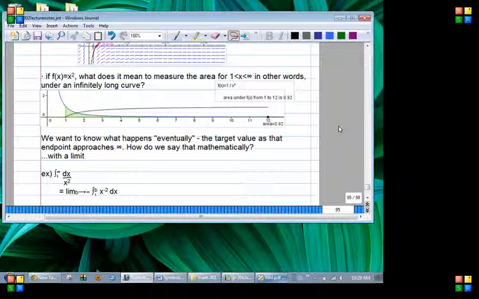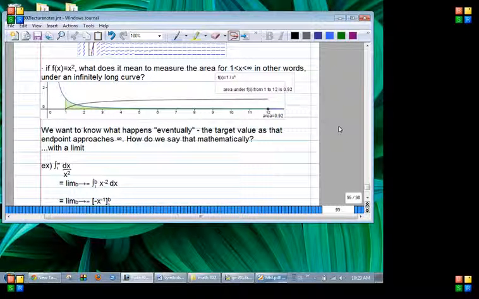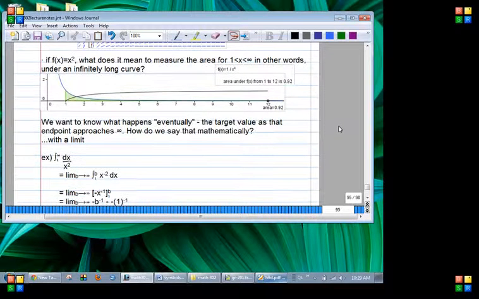So formally, this is what we have to say. Now we can just go ahead and do the integral. The integral of that is negative x to the negative 1. We evaluate it from 1 to b, which just means negative b to the negative 1 minus negative 1 to the negative 1.